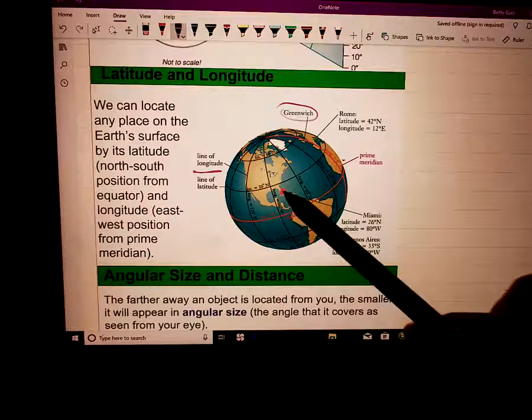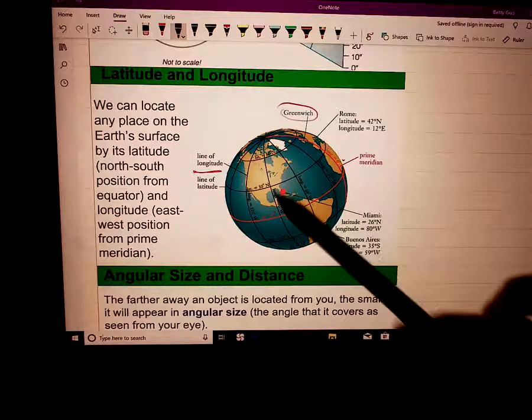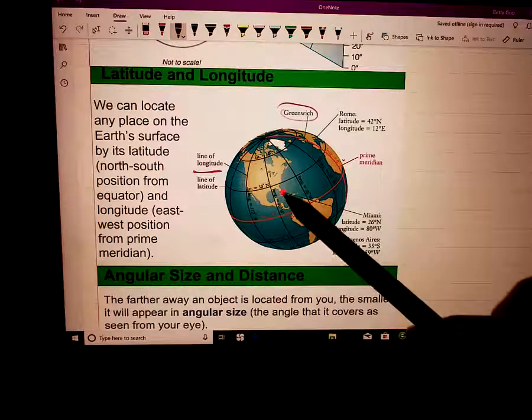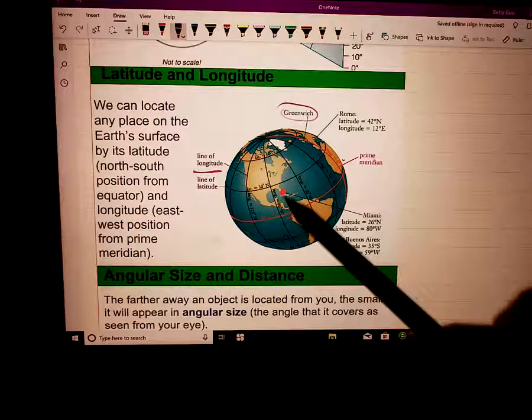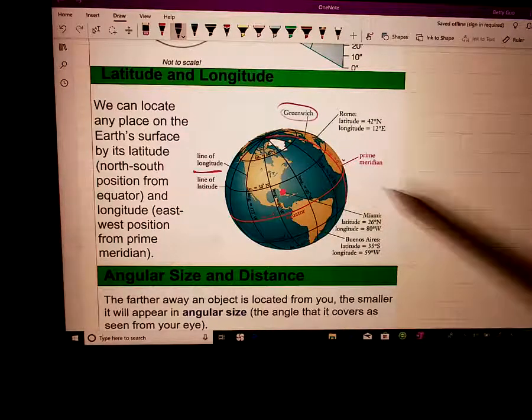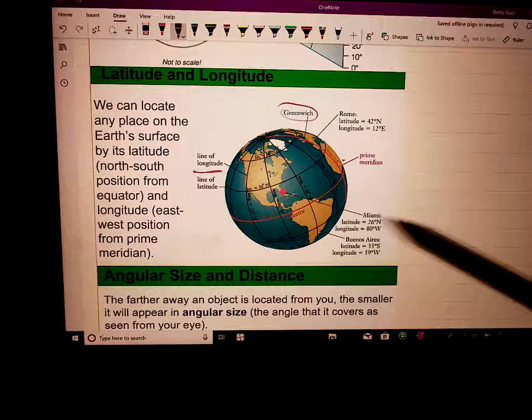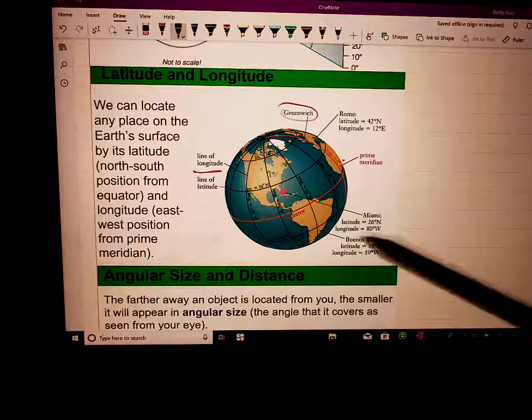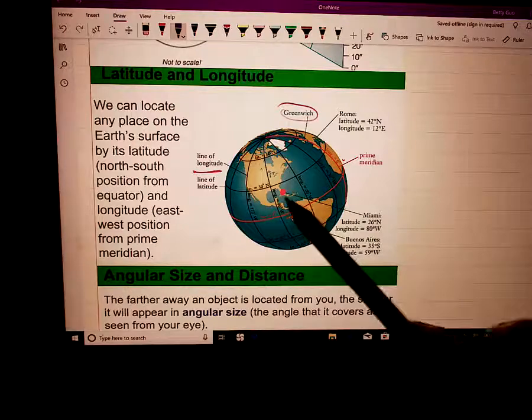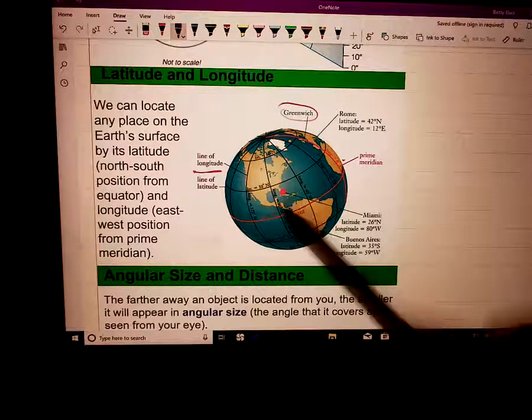Miami is to the right, or to the east, of this 90 degrees, so that is about 80 degrees west of the prime meridian. So with the latitude and the longitude, we are able to determine the location on the Earth's surface.